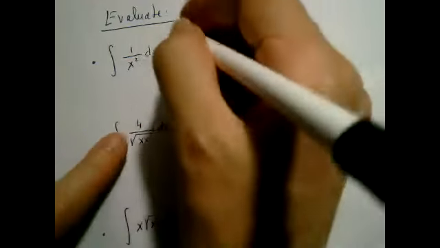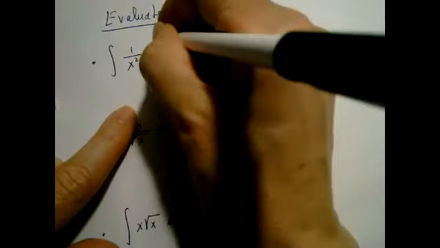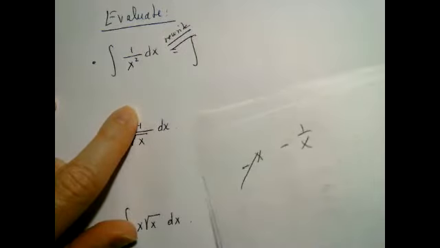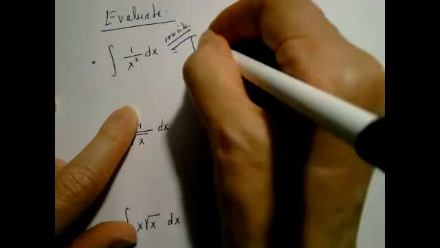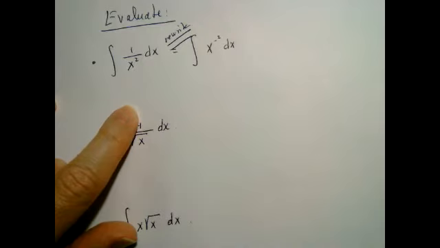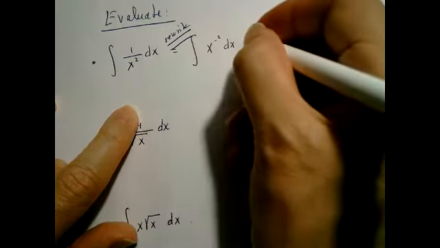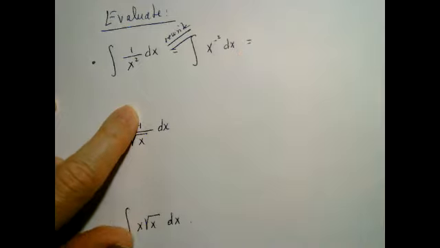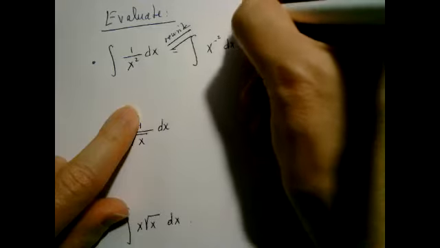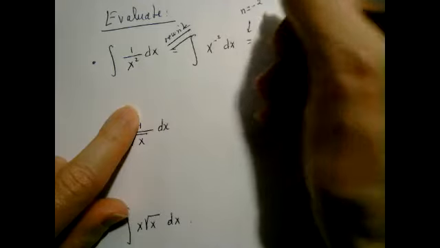Okay, let's check her out. Step 1 is rewrite. We have to rewrite it in a format that we actually understand. 1 over x squared is x to the minus 2 dx. Now I have it in the form integral of x to the n, where n here is minus 2.